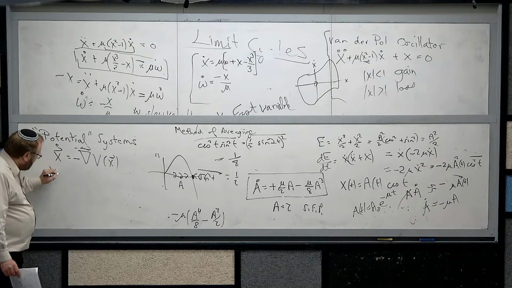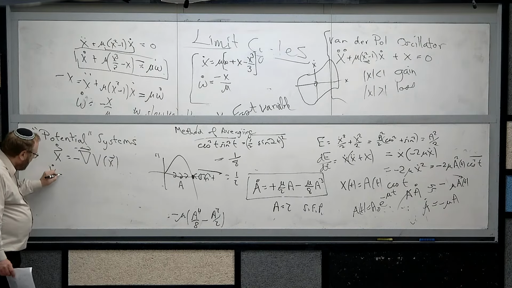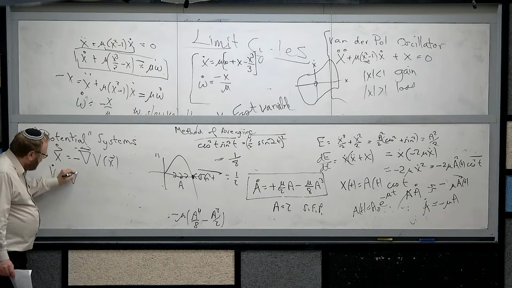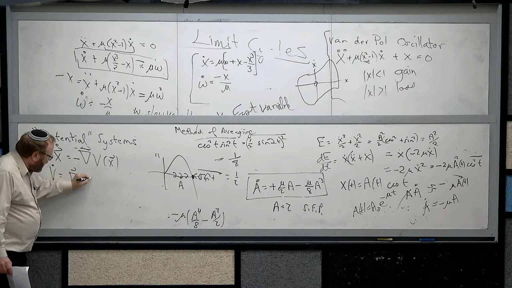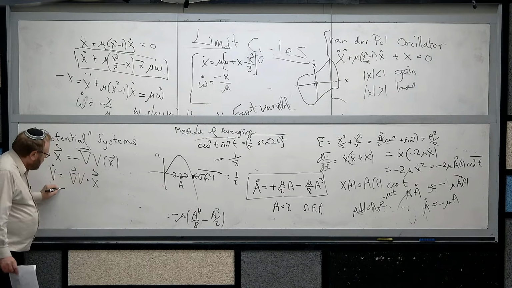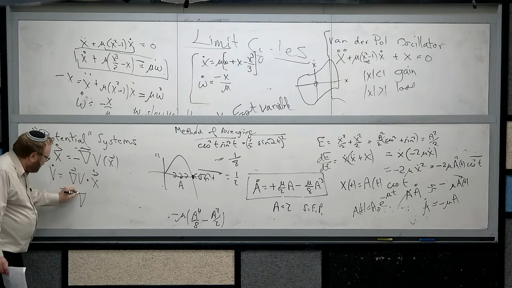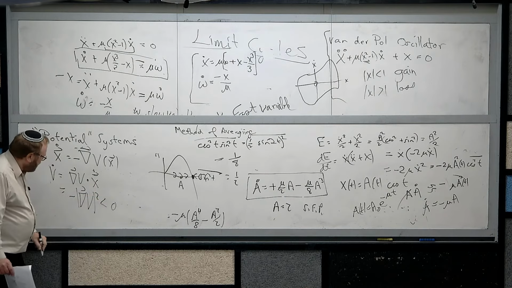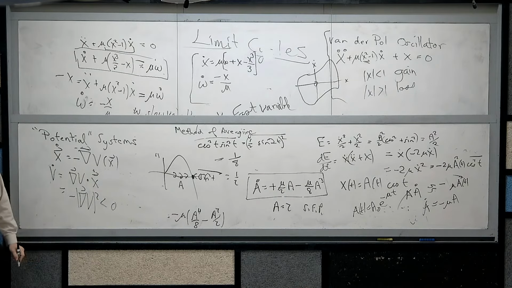V dot is grad V dot x dot, which is minus the magnitude of grad V squared, and this is negative, so V is constantly decreasing along the trajectory, so you go to the bottom, a local minimum of V, and so I can't have a limit cycle. You're just going to the equilibrium point, which is the bottom of the potential.